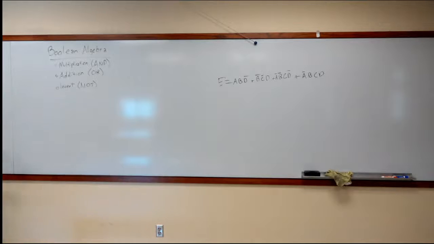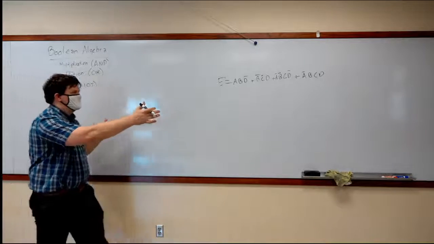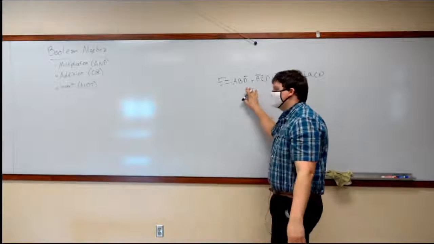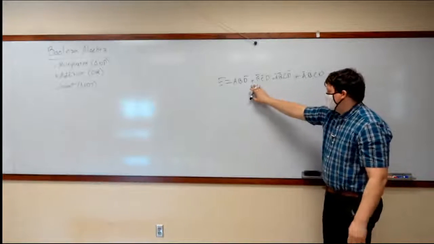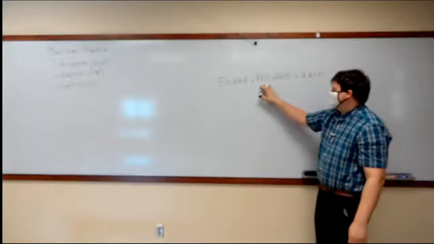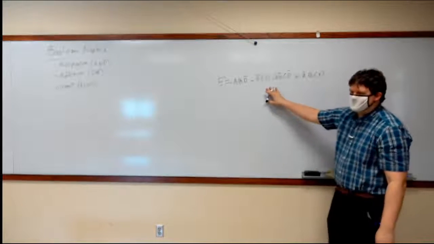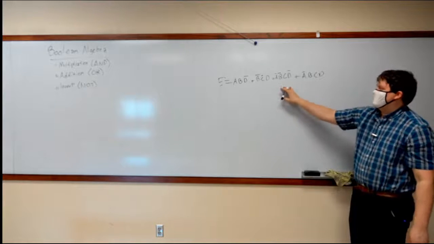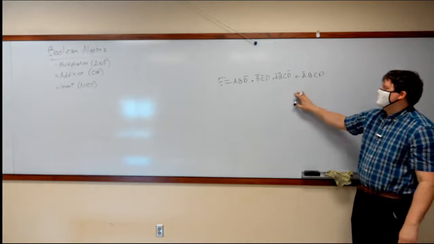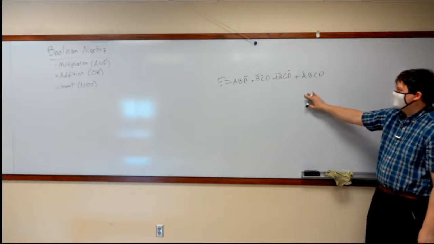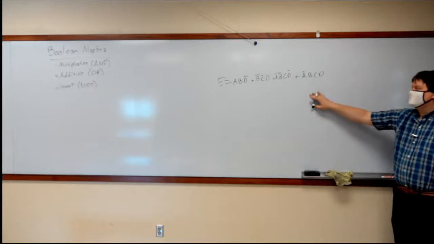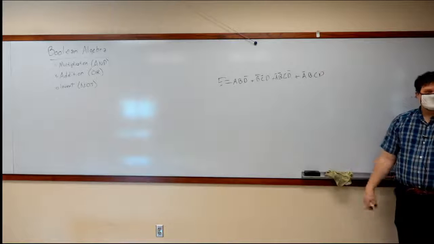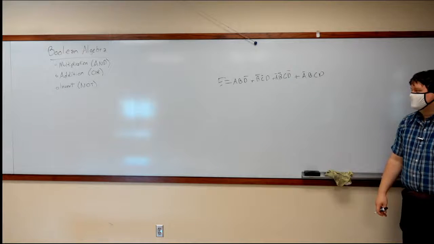So if I were to write this term right here, this is A and B and D naught, or B naught and C naught and D, or A naught and B naught and C and D naught, or A naught and B and C and D. That's ultimately the progression.